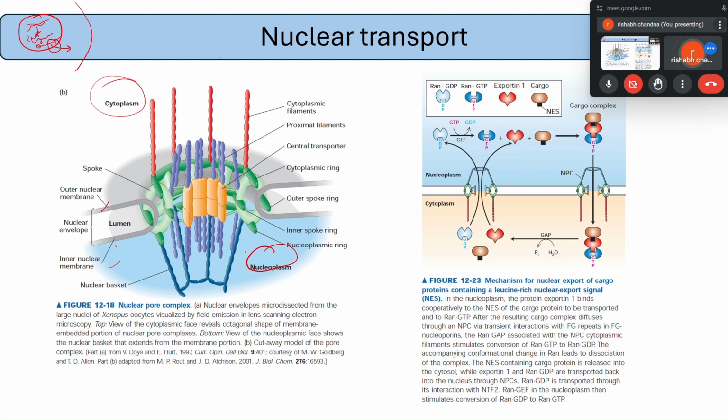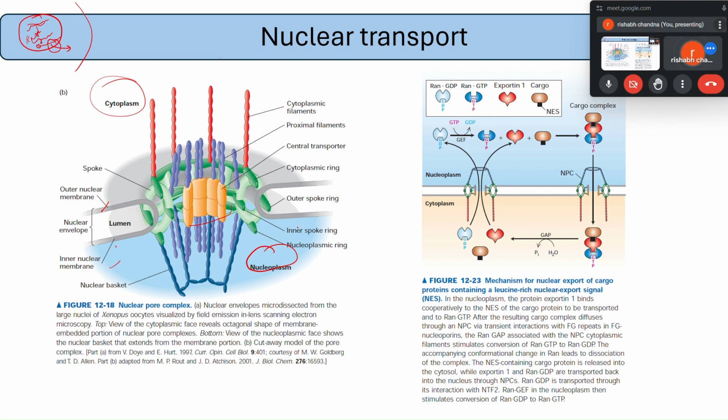Now the inner portion of the pore forms a nuclear basket, which has a nucleoplasmic ring and the inner spoke ring that is bound by the central transporter proteins. Then we have the cytoplasmic ring and the proximal filaments.